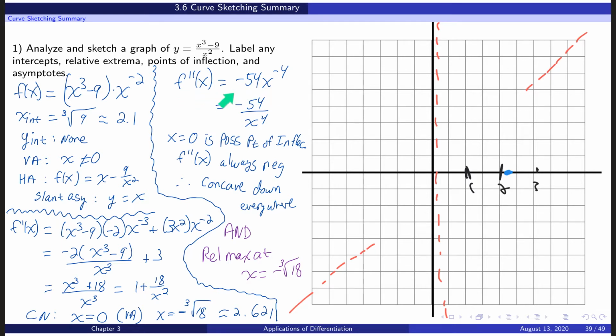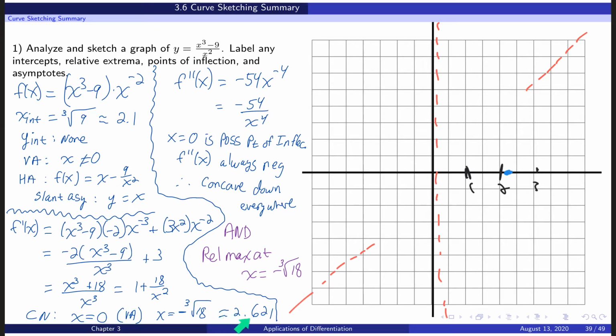Second derivative is this function here. If you notice, the denominator is always positive, which means the second derivative is always negative. Since the second derivative is always negative, we will always have a concave down plot. So when I look at the critical numbers, the first is the vertical asymptote, so there is no point there.